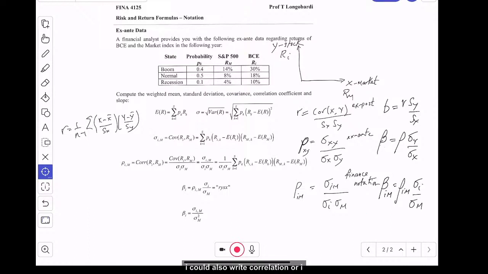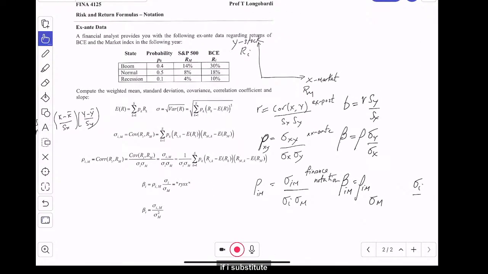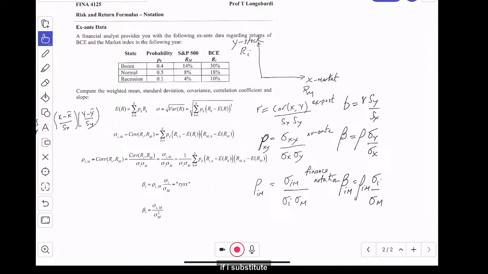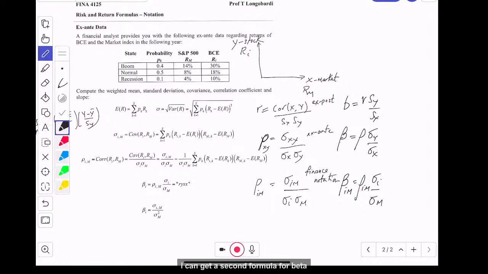I could also write beta differently because of correlation. If I substitute this expression into correlation, I can get a second formula for beta.